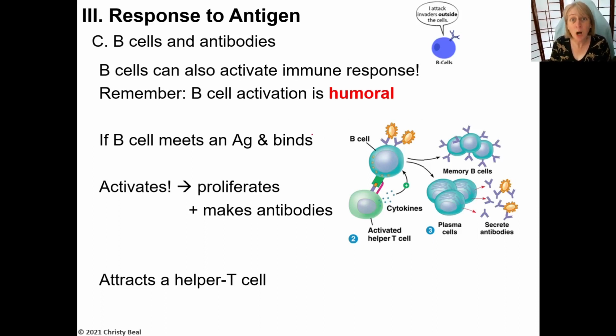B cells do not just have to rely on responding to the entire process we talked about. They can initiate it on their own. So a B cell can respond to an immune response that was triggered by a phagocytic cell becoming an antigen presenting cell and binding with a helper T cell. Or a B cell can encounter that antigen on its own.